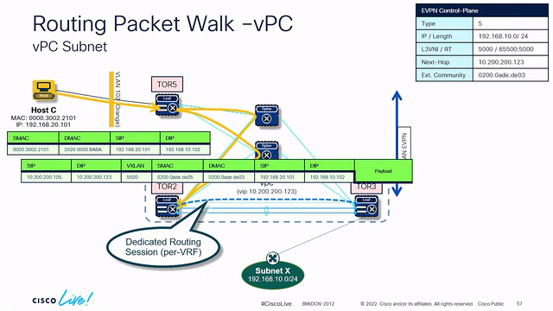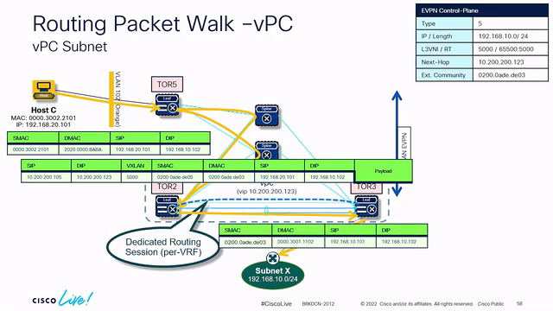You pick an SVI and form the peering between the VPC peers over this VLAN where these SVIs are members, and you put it in the appropriate VRF so this packet can be routed. So when the packet reaches Tor2 on the left side, it will be sent to Tor3 and down to the subnet. This is one way to overcome this.